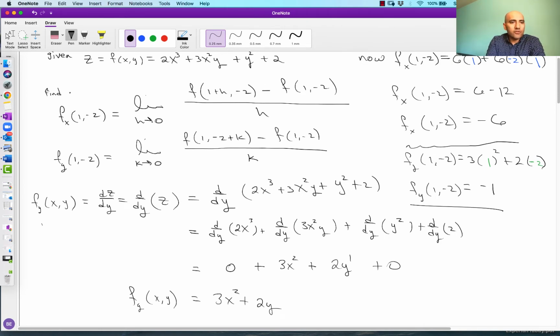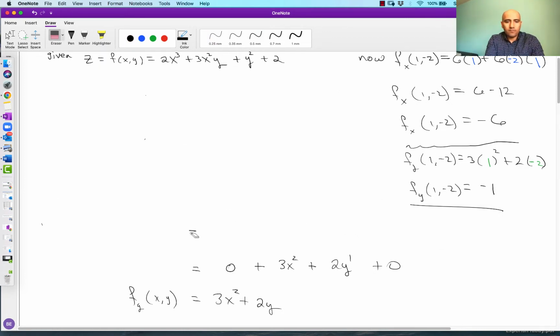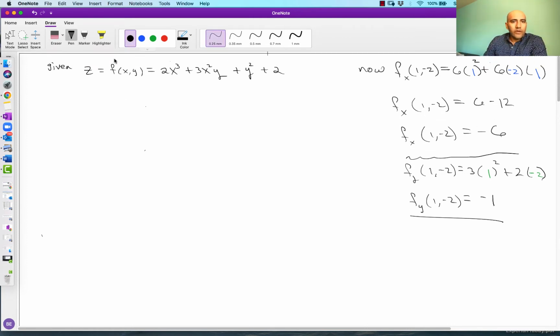Let me erase the definition of limits. Okay, organizing this better, we found that f sub x, the derivative with respect to x of the function of x comma y, was equal to 6x squared plus 6yx. 3 times 2 minus 1 gives you this term, and then bringing down the 2 gives you 6x to the first power, and the y is some constant we attach.